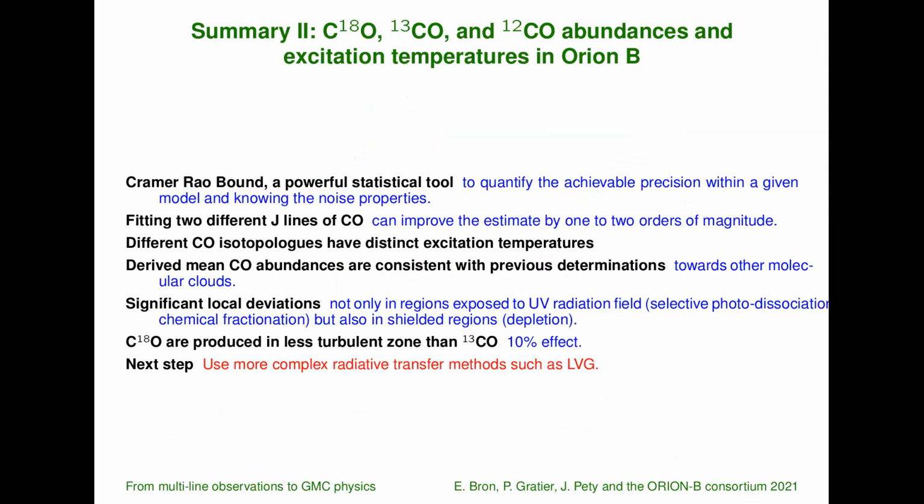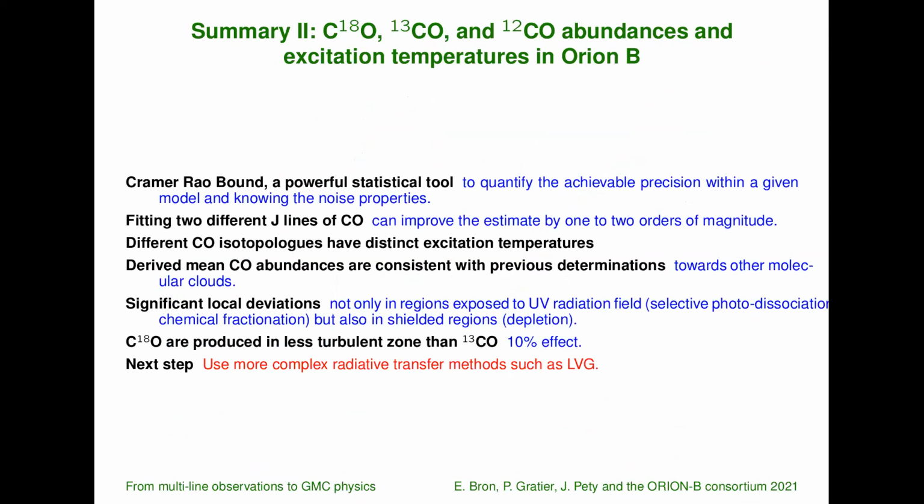Okay, so to conclude, we think that the Cramér-Rao bound is a powerful statistical tool. It has been used in other areas of astronomy, but not so much in ISM studies up to now.